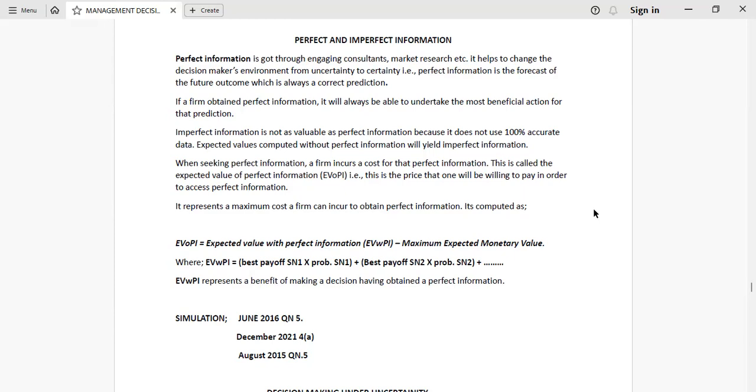We say the expected value of perfect information is the cost you as a decision maker are willing to incur to get that perfect information. In other words, it's the cost that the decision maker is willing to pay for the perfect information he or she has received.